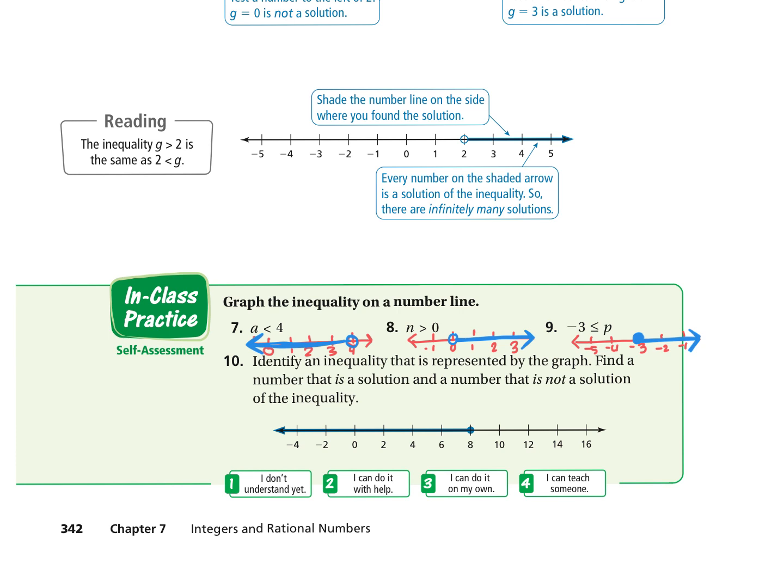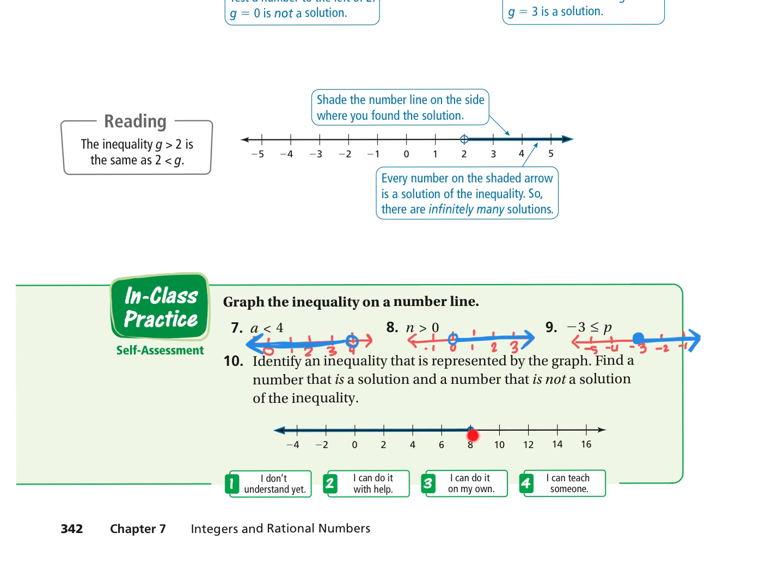Okay, number 10 says identify an inequality that is represented by the graph. Find a number that is a solution and a number that is not a solution of the inequality. Okay, well, there's going to be a few different examples and solutions that you could do. So I'm just going to do one with you right now. Let's explain what is happening here. I have a closed circle at 8.